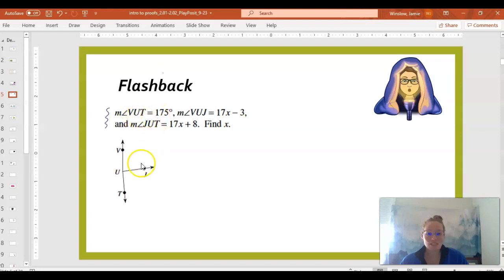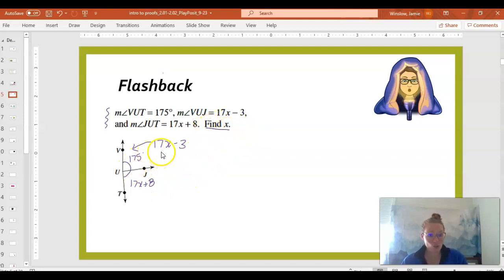So VUT is 175. This whole thing is 175. VUJ, just this angle here, is 17x minus 3. And JUT is 17x plus 8. Find the value of x.